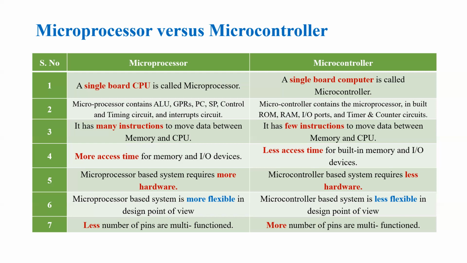So the design flexibility is less in the case of microcontroller based systems than microprocessor based systems. This is the reason why still today we are designing microprocessors and using them in different systems. I hope you understand the difference between a microprocessor and microcontroller.